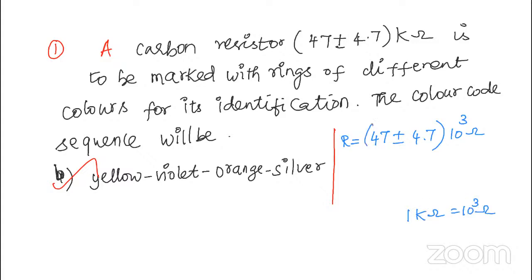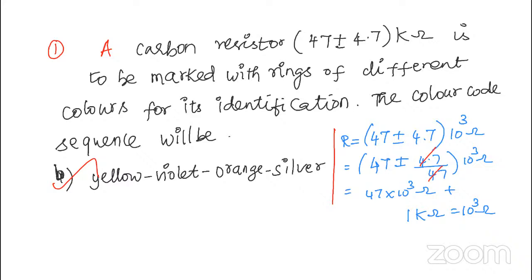So let us take out the value, that is 47 plus or minus 4.7 divided by 47 into 10 power 3 ohms. For the next step, 47 into 10 power 3 ohms plus, here we just cancel this one.